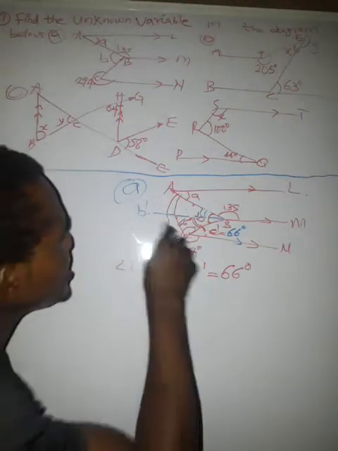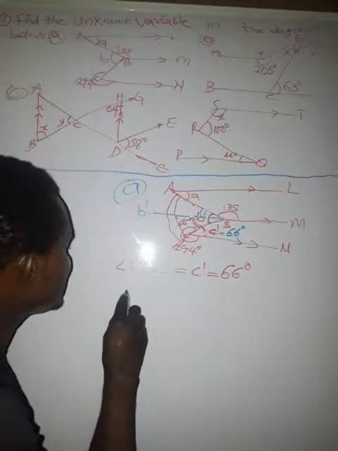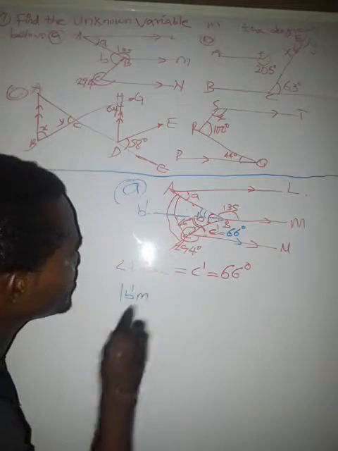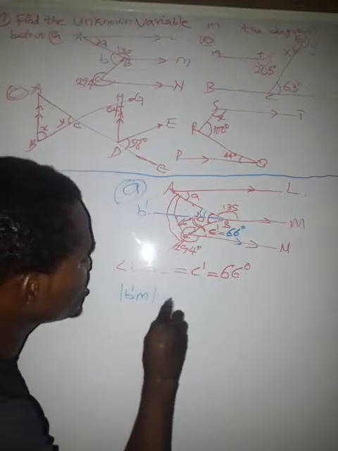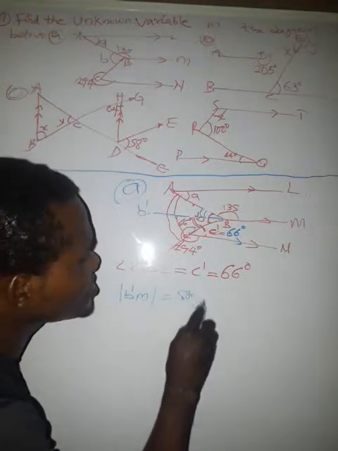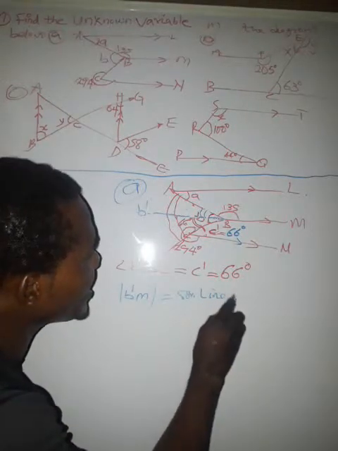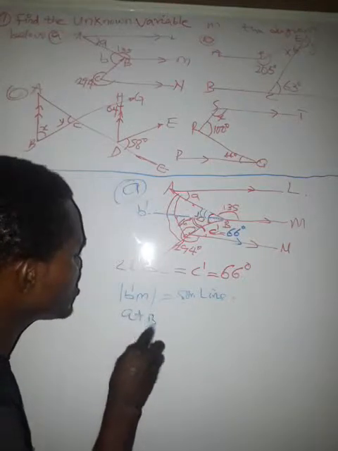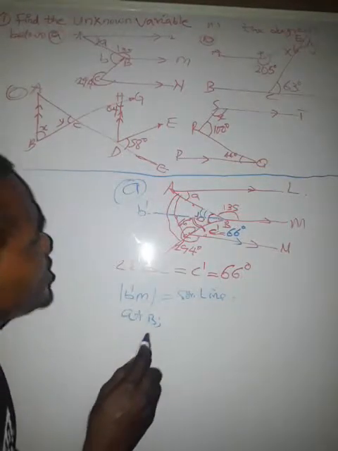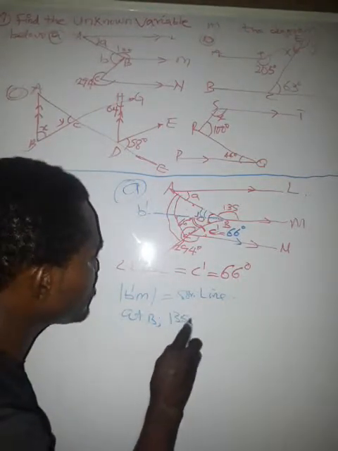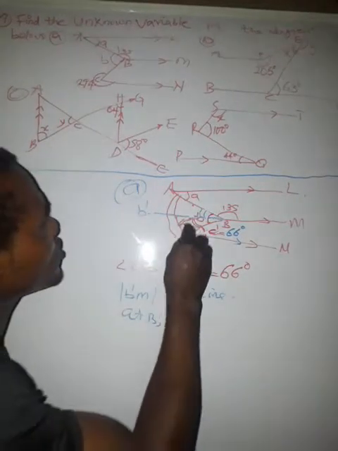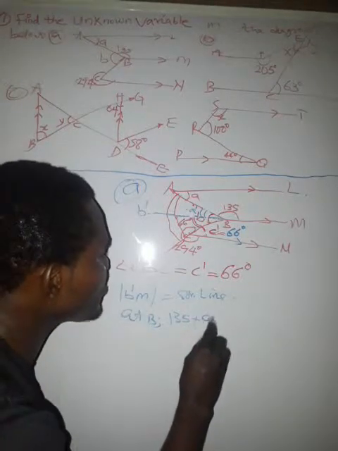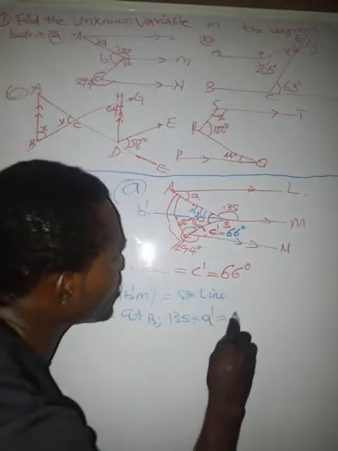Now, if you look at line B prime L, it is a straight line. If this is a straight line, then at B now, I can say 135 plus, let me call this place A prime, 135 plus A prime will be equal to 180.